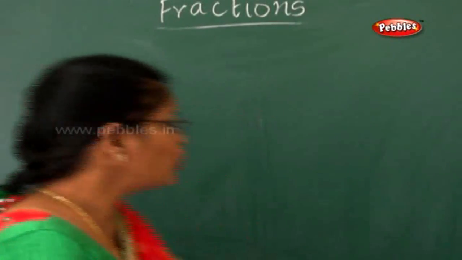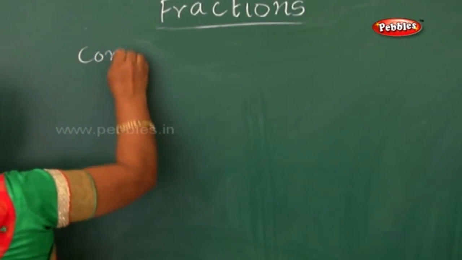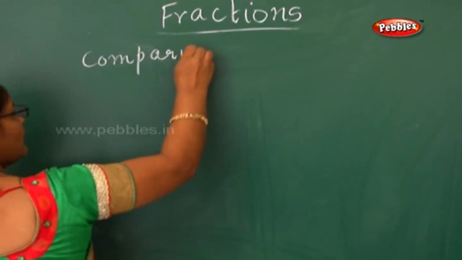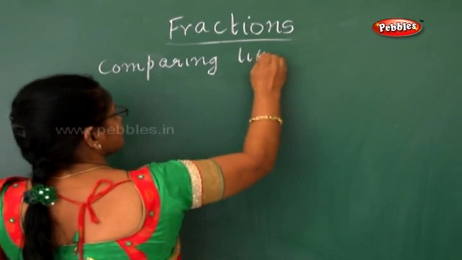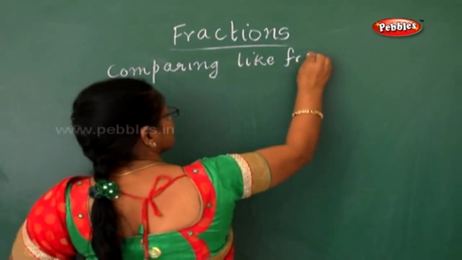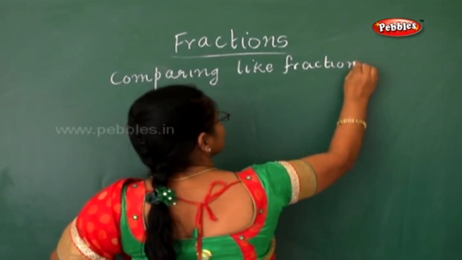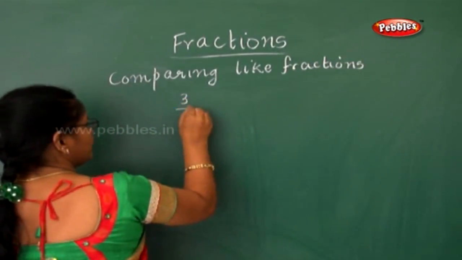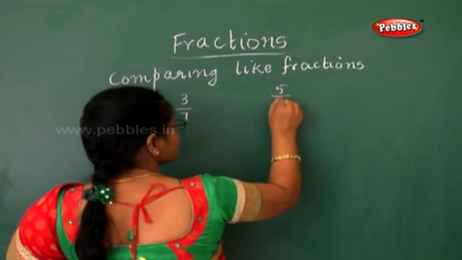See, the next one we'll go on to comparing like fraction. Three by 7 and 5 by 7.